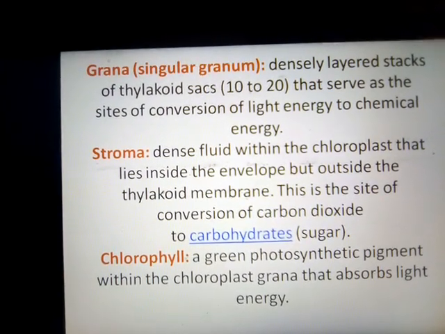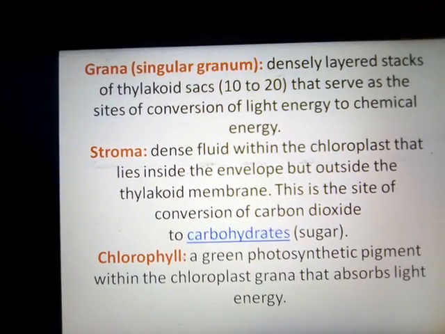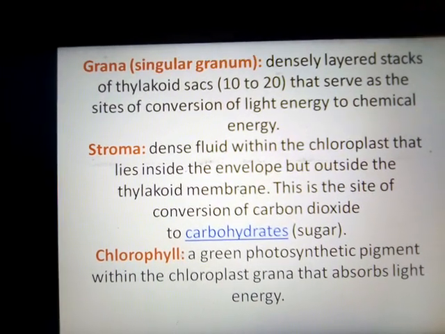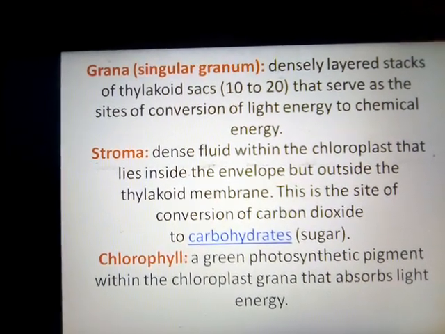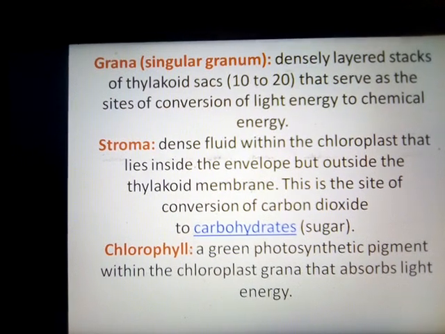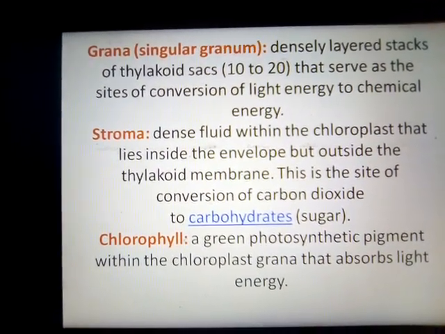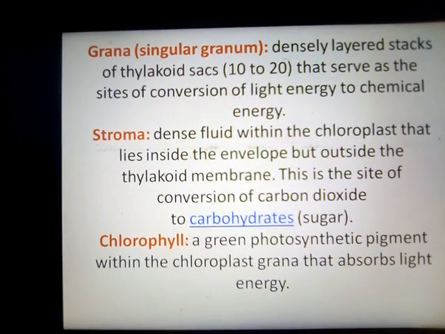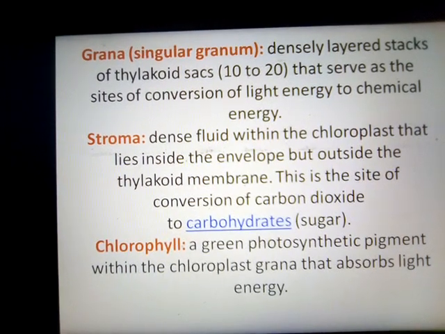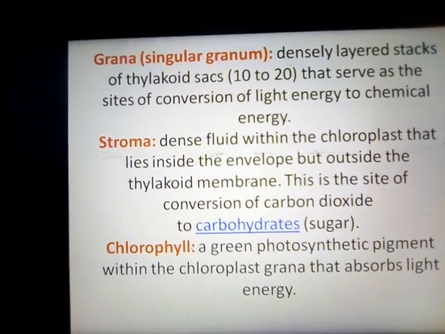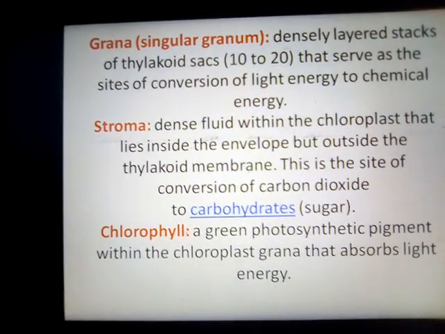Stroma: dense fluid within the chloroplast that lies inside the envelope but outside the thylakoid membrane. This is the site of conversion of carbon dioxide to carbohydrates or sugar. Chlorophyll: a green photosynthetic pigment within the chloroplast grana that absorbs light energy.